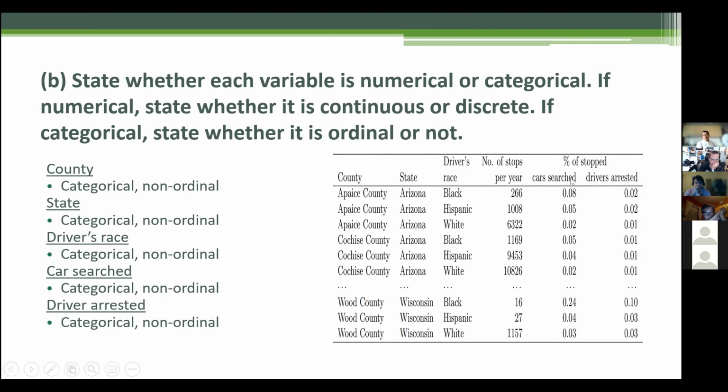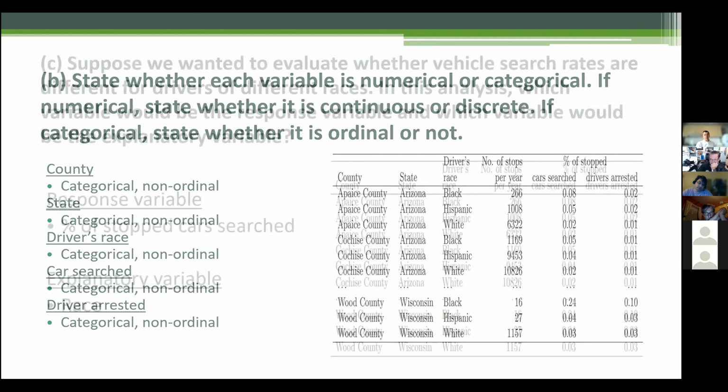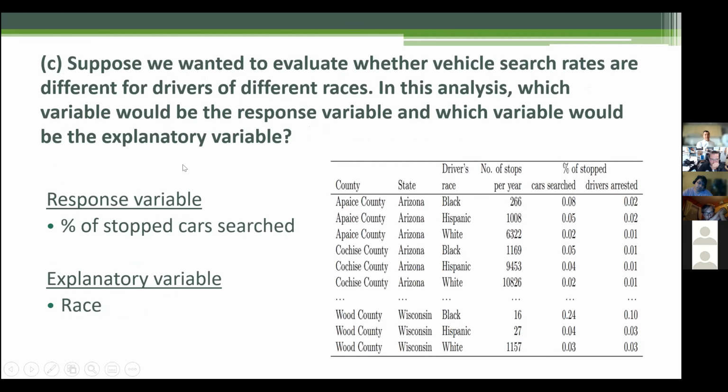Again, the summary table we're presented with here, with the columns percent stopped and number of stops, is a derived column based on the number of rows and the answers to cars searched and driver arrested in the raw data. Then we're asked which one is the response variable and which one is the explanatory variable.